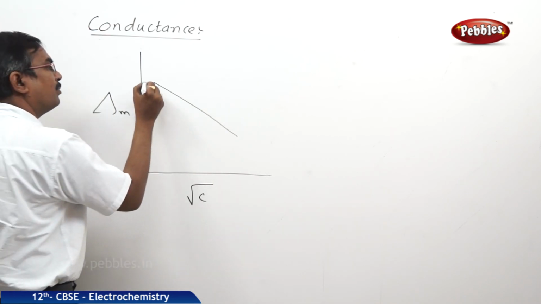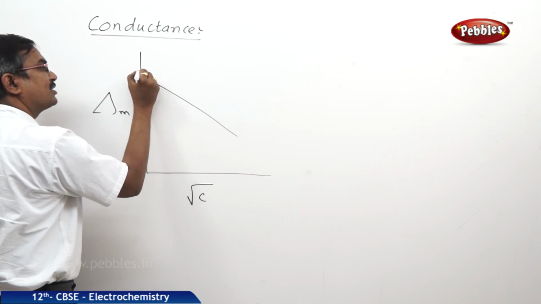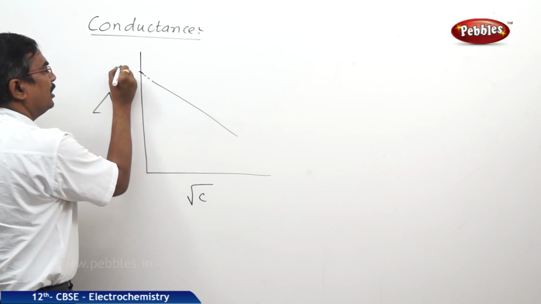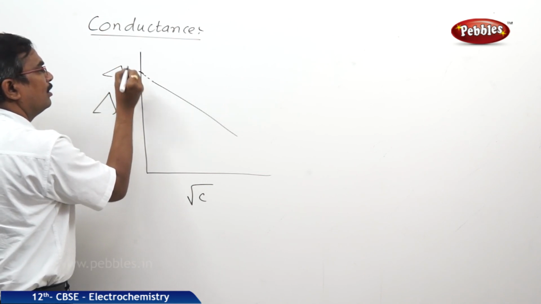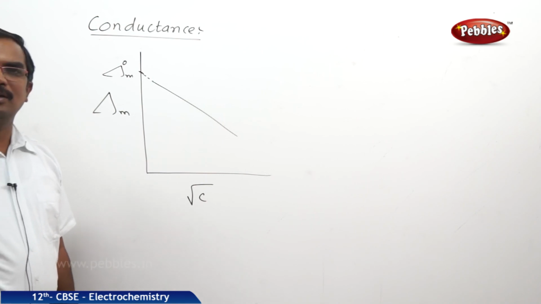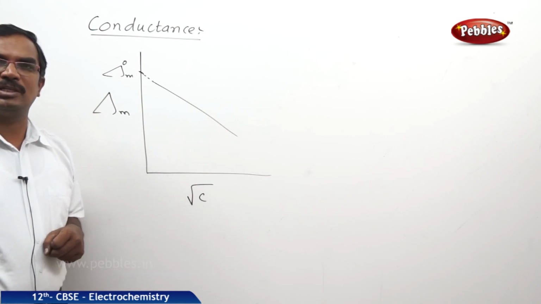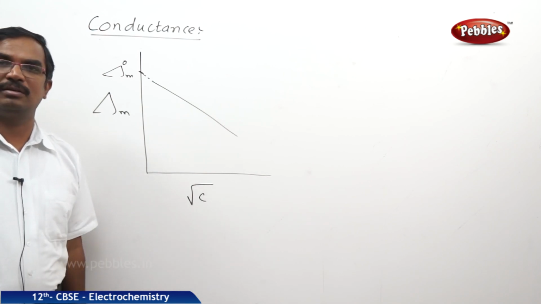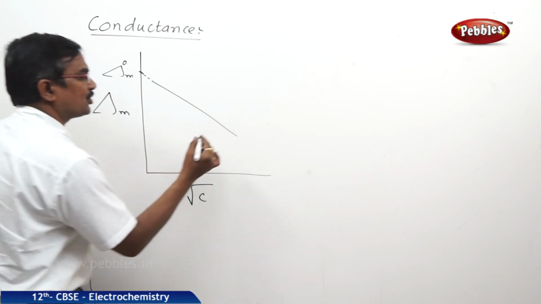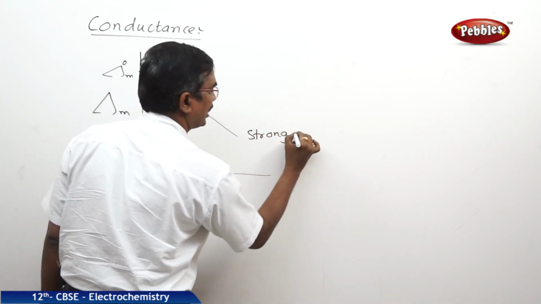And on extrapolating this particular graph, this particular line will touch somewhere here. So this will give the molar conductance at 0 concentration. Instead of 0 concentration, we can also use the term infinite dilution. That means in the case of the strong electrolytes, this is the strong electrolyte.